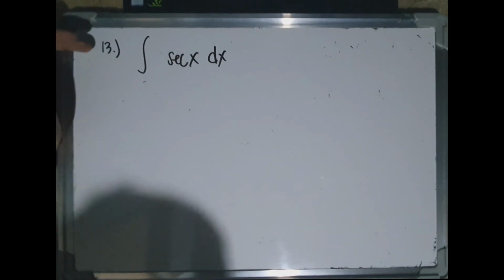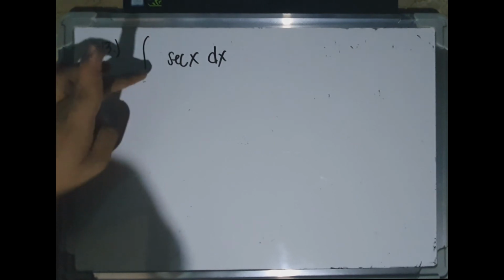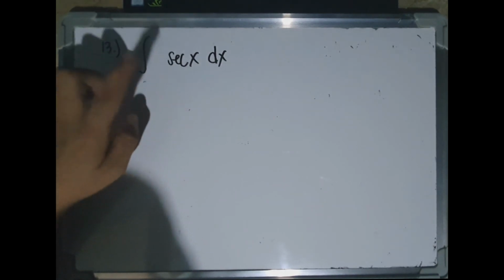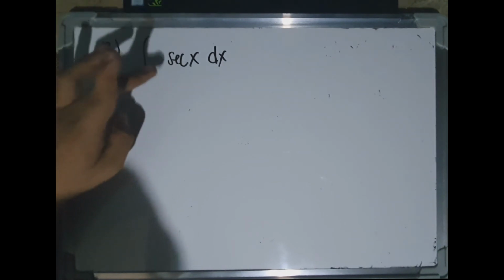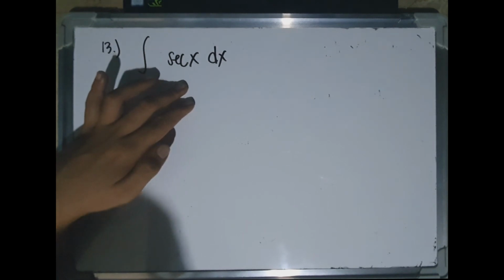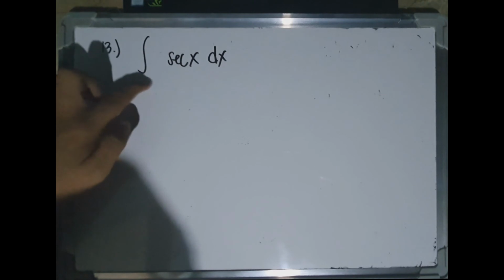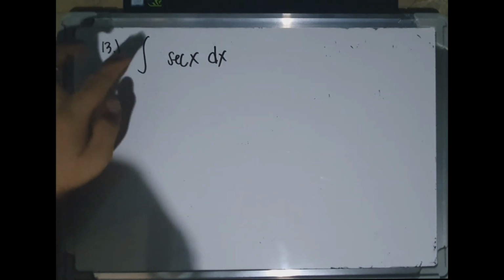So we have number 13, the integral of secant x dx. Notice there is no direct formula for secant x dx. We will be needing tangent in integrating this one. For the secant, that is equivalent to the derivative of secant. So another method that we will be doing right here, we will be multiplying this with 1.